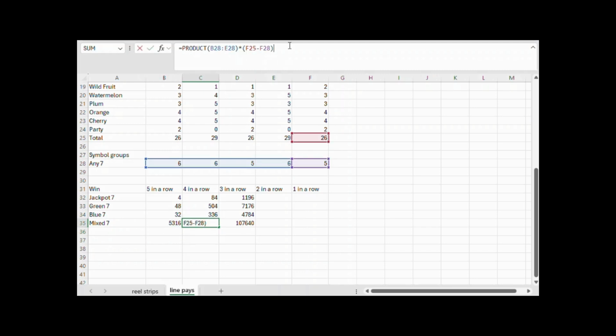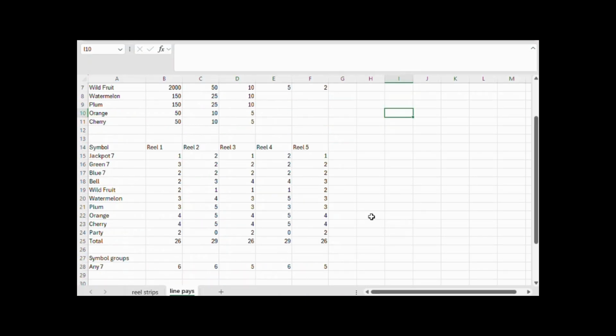And here, let's subtract out the number of ways the player can get 4 of the same 7 symbol. And here, subtract the number of ways the player can get 3 of the same 7 symbol. So there we go. There are all our combinations for the ways the player might get wins based on 7s.